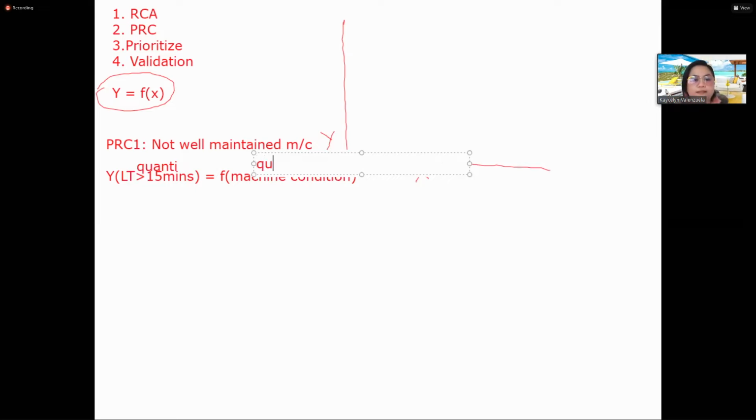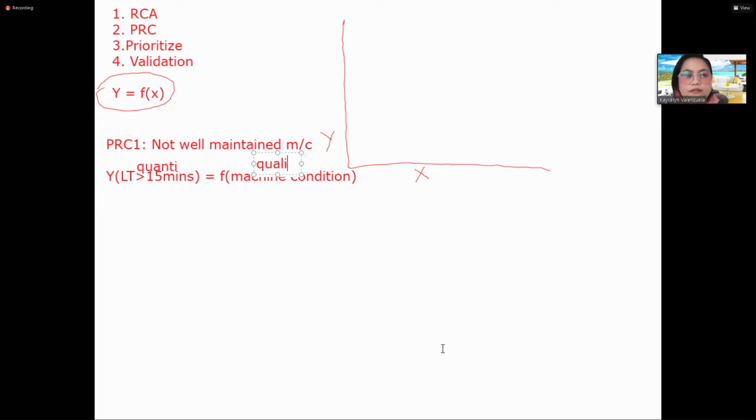Okay, it's quali. Now you know quanti, quali, the condition. So, definitely, hindi siya scatter diagram. Hindi din siya time series kasi isa lang naman yung time definition natin. So, I would use a box plot for that. Bakit? I want to compare kasi yung machine condition if it's well-maintained or not well-maintained. Tama ba? So, yung Y natin dito, palagi, lead time.